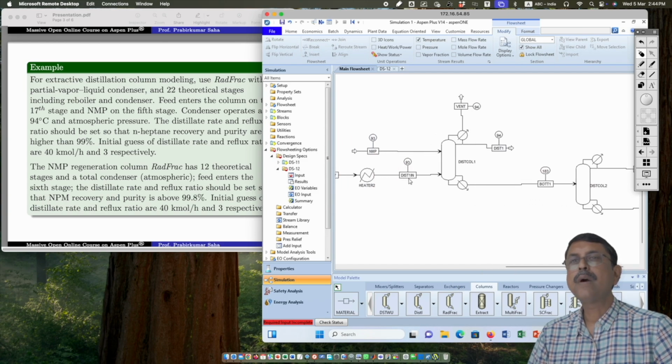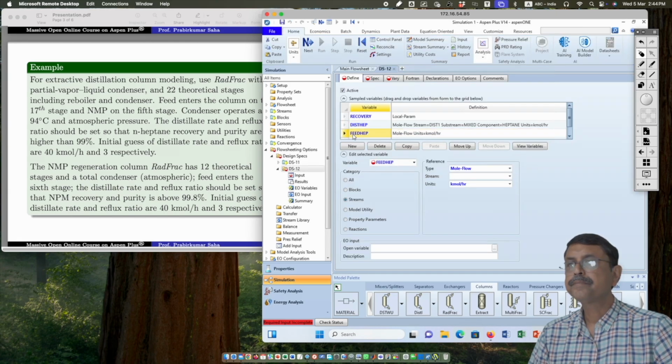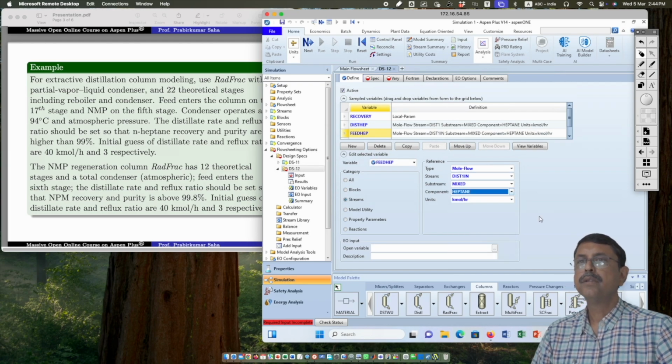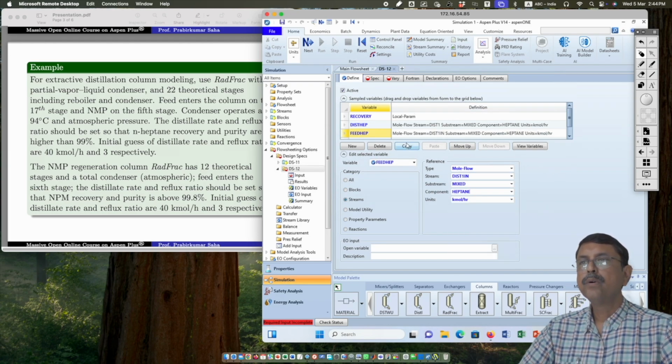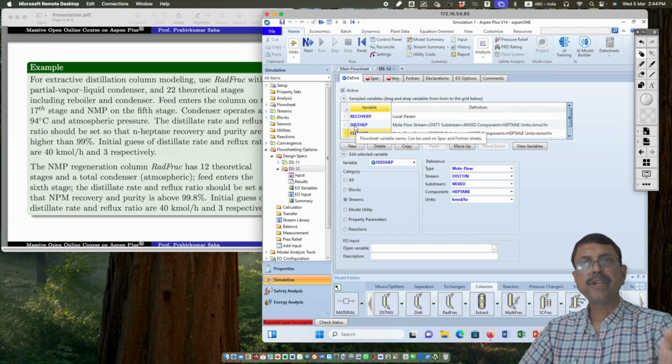It is dist 1 in, so we will take it as dist 1 in heptane. Whatever heptane is coming through the feed and whatever heptane is going out through the distillate, the ratio of that is the recovery.